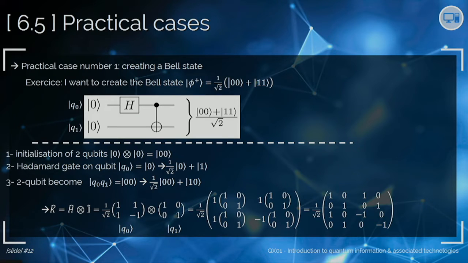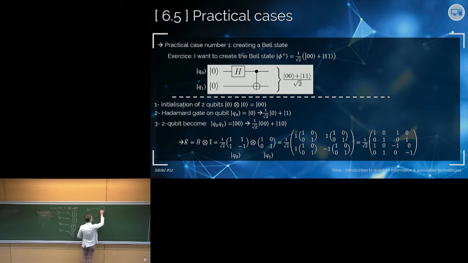So if I write it like this, I've got Q0. What I do here is apply the Hadamard gate on this one, and what I do here effectively is apply the identity gate, although I don't write it as such. Then I take the tensor product between these two, and I go from Q0, Q1 to Q0, Q1.